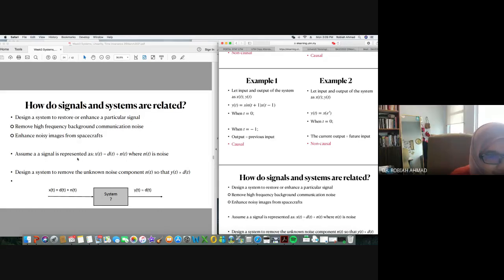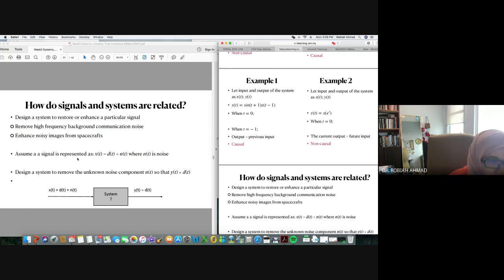How are signals and systems related? Good, because in the first week we learned about signals, and this week 3 we learn about systems. As I mentioned earlier, a system consists of components, and usually we want to look at individual components, put in whatever signals we look at, and then learn the behavior of that particular system or subsystem.